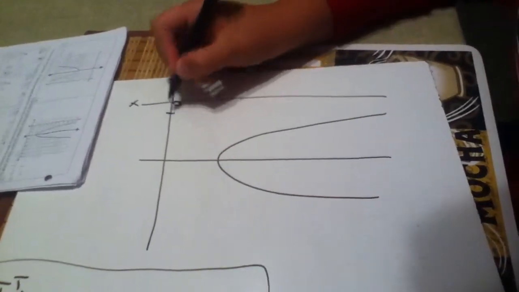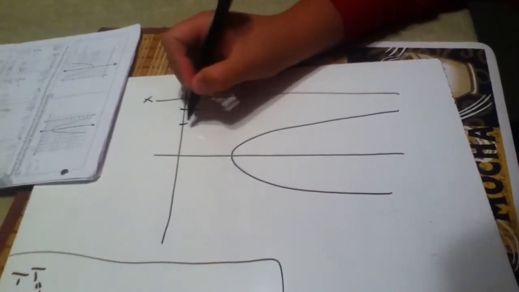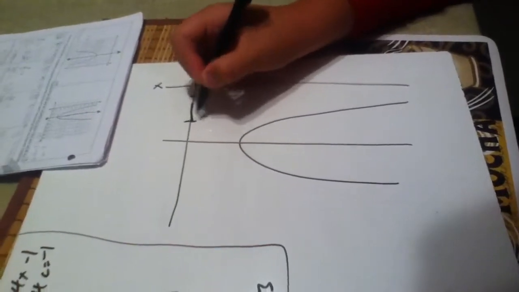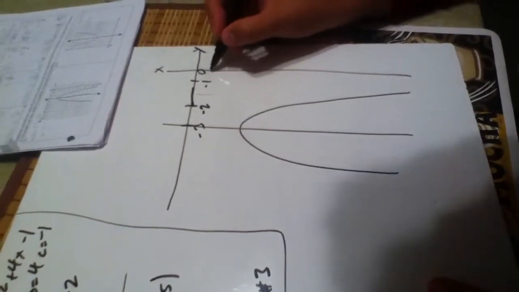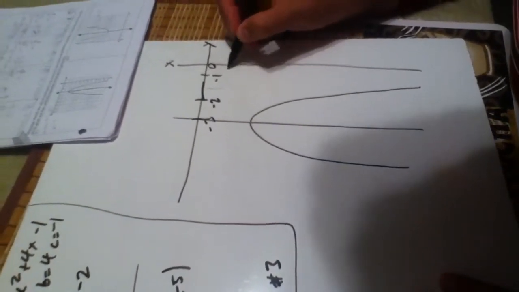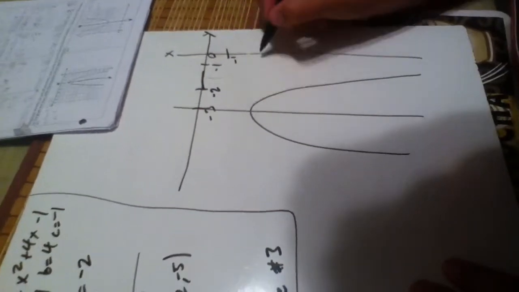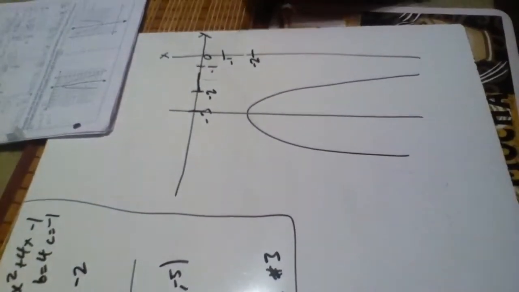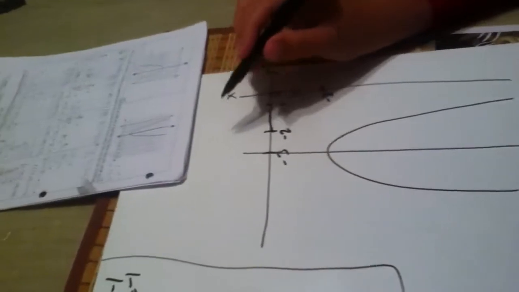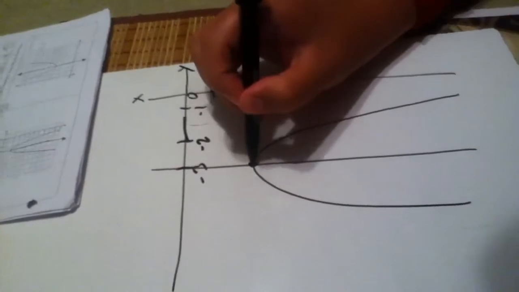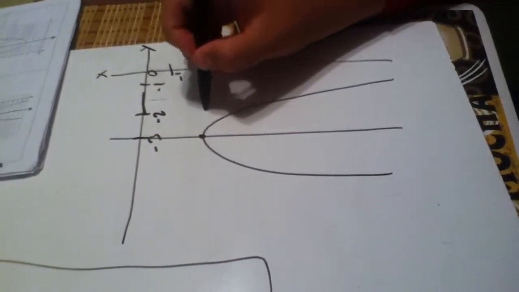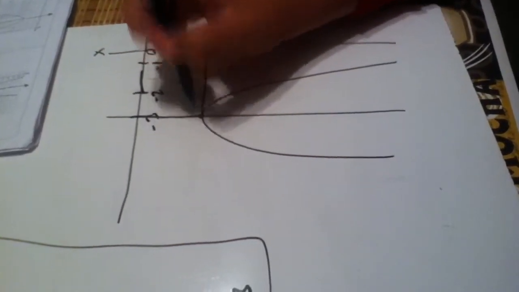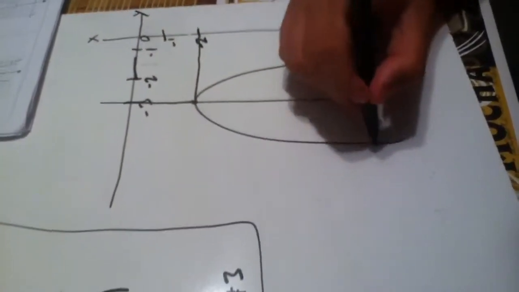This is 0, negative 1, negative 2, and negative 3, and here's negative 1 and negative 2. The vertex is this point right here, where the top or the bottom of the parabola is. The parabola goes like this. This is called the parabola.